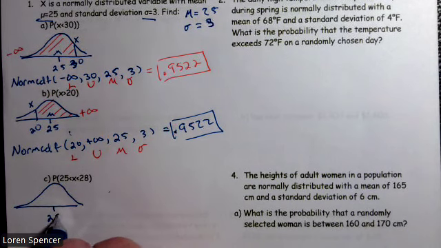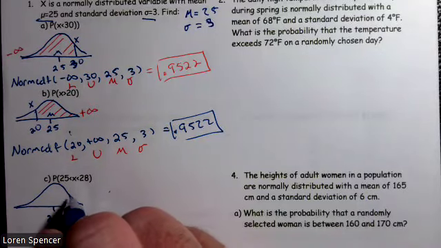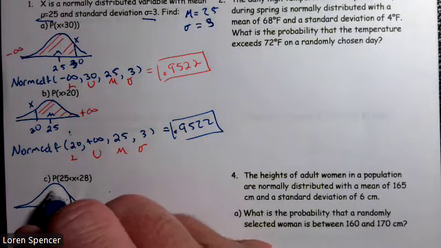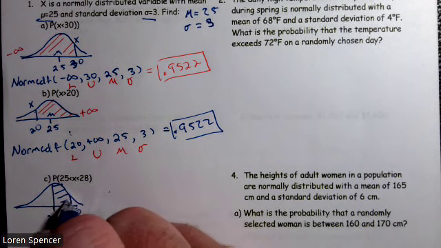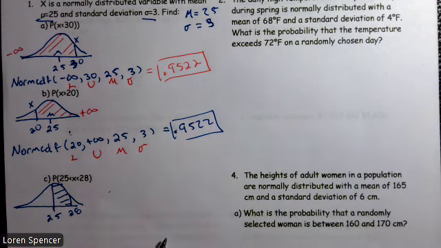Well, here's our mean at 25. Here's our X value at 28. And we're actually looking for that value in between. So this will be a NormCDF.